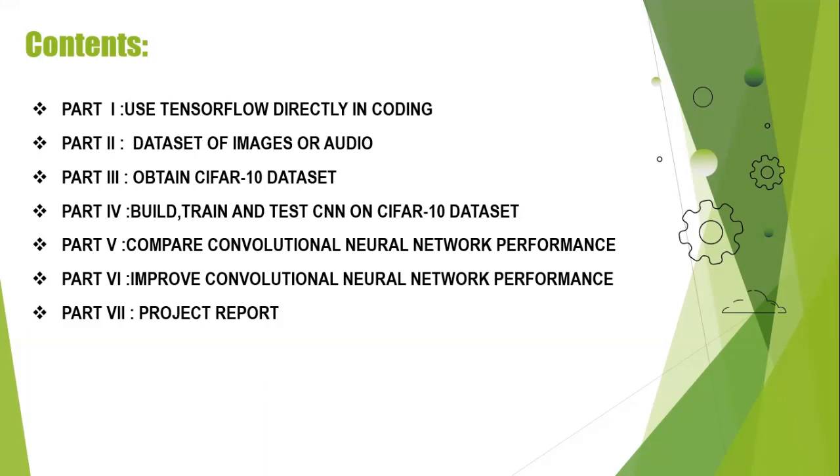Then part four is how to build, train, and test a convolutional neural network on the CIFAR 10 data set. Five, we are going to compare the convolutional neural network performance. And then six, improve on the convolutional neural network performance. The final part will be to discuss the project report.